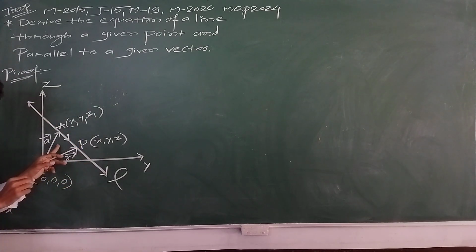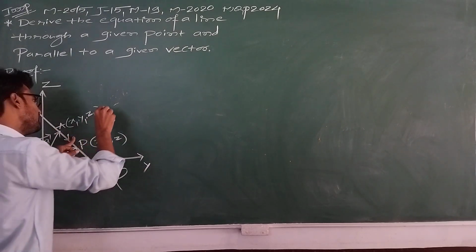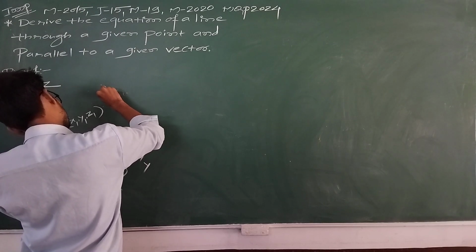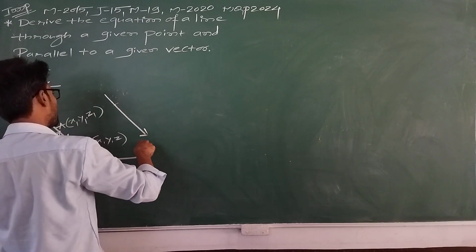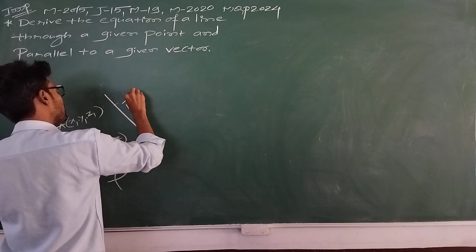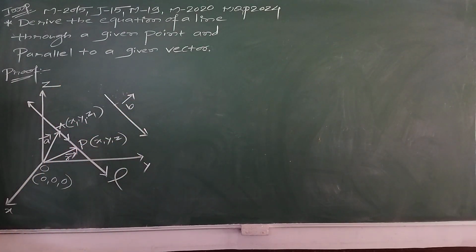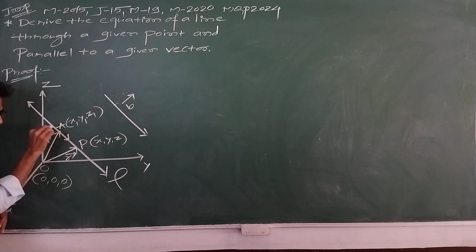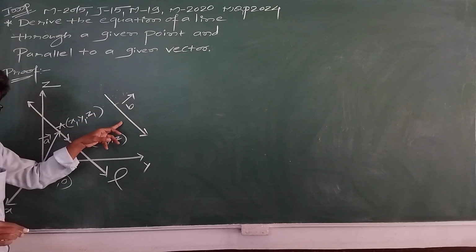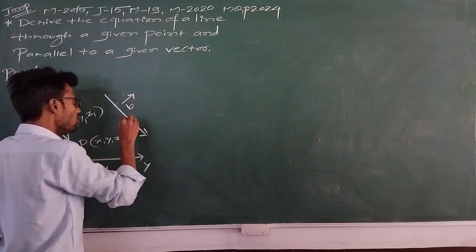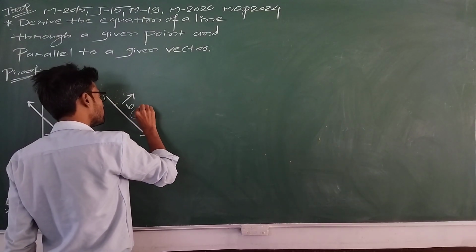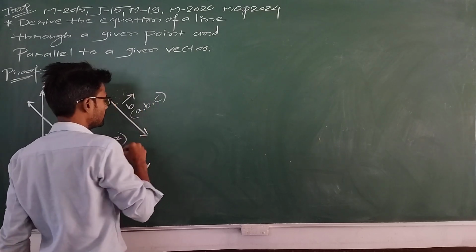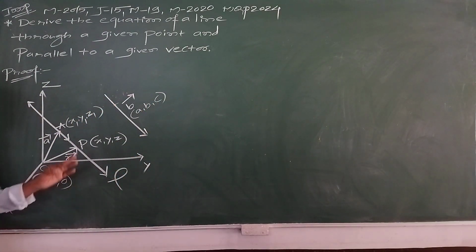Now see, L is the line passing through a given point, and it is parallel to the given vector, say B vector, whose direction ratios are a, b, c.